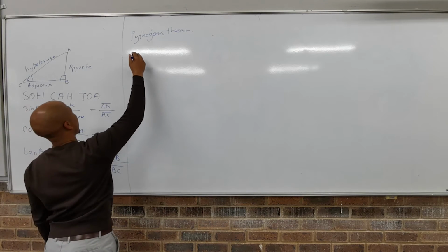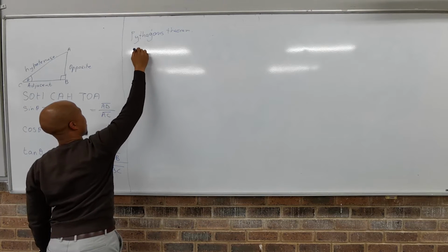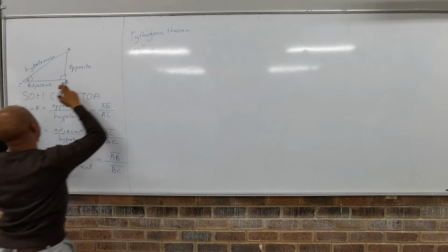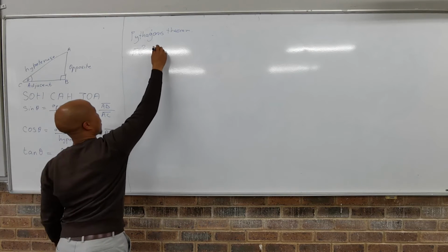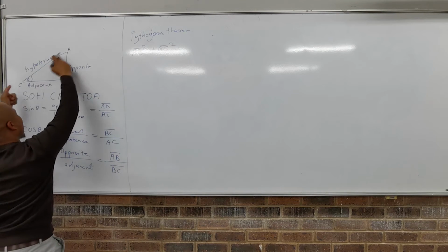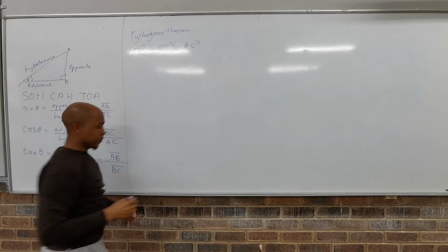It means that line AB squared plus line BC squared is equivalent to the longest side, AC squared.